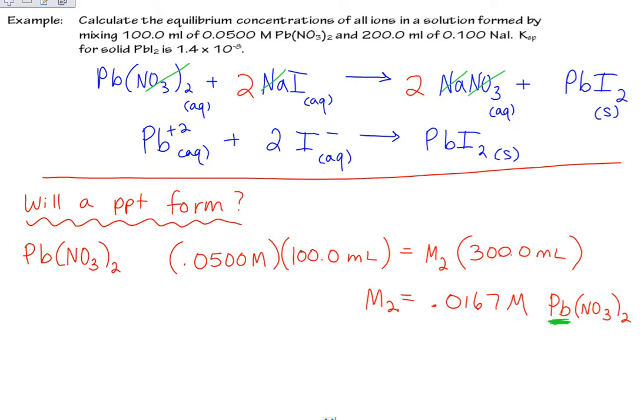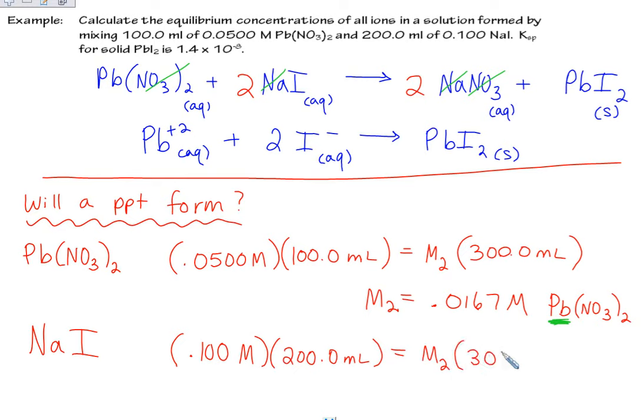Now we got to do the same thing with the sodium iodide. NaI. The sodium iodide is originally 0.1 molar. It was originally 200 milliliters. I want to know M2, the new molarity at 300 milliliters.